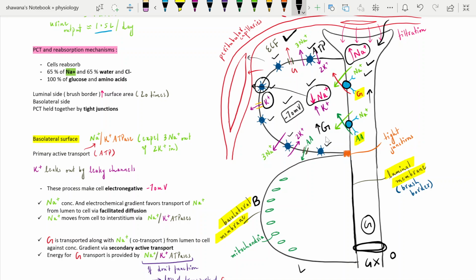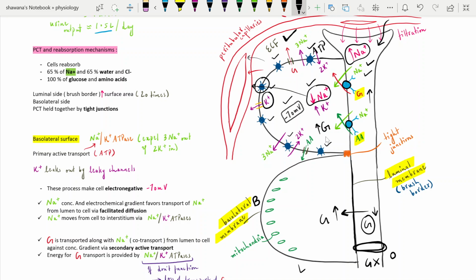So in the last, the glucose concentration inside the cell rises and the glucose concentration in the lumen decreases. We have to move the substance from low concentration to high concentration. It will require active transport. But is there any energy involved here? No. There is no energy involved here, so it's not the primary active transport.